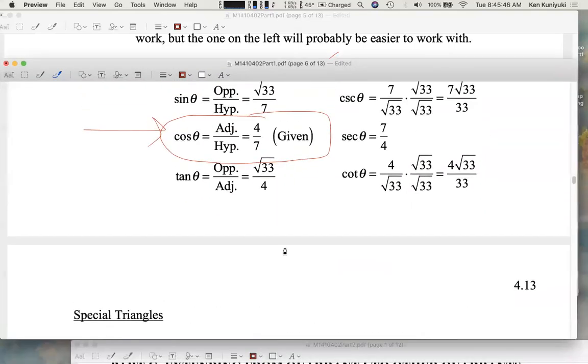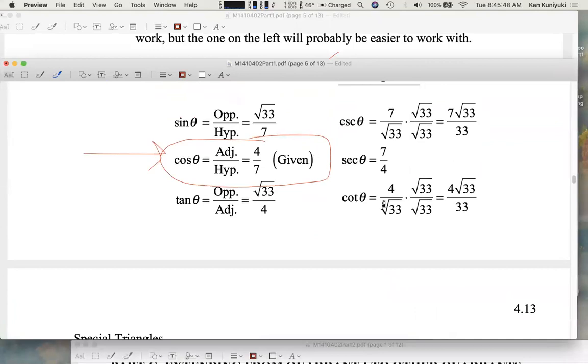Now from these, we can get the 3 reciprocal values. The reciprocal of sine of theta is what? Not secant of theta, it's cosecant of theta. We flip this fraction. We get 7 over root 33. But what's our problem with this? We can rationalize the denominator.